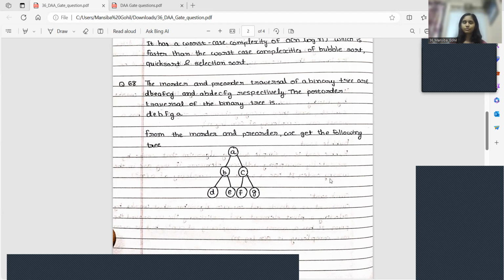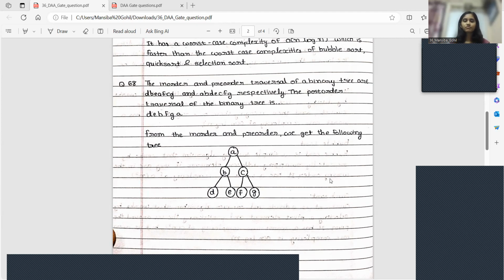If it is in-order, then it would be left, root, right, and post-order would be left, right, root. You can remember it as, if it's in-order, then the middle part would be the root. If it's pre-order, then the root would be at the beginning, and if it's post-order, then the root would be at the end.